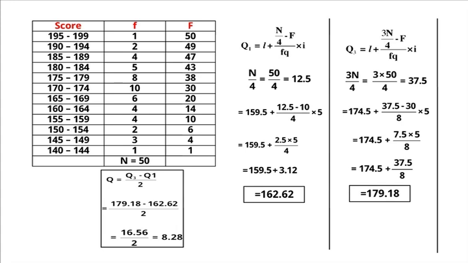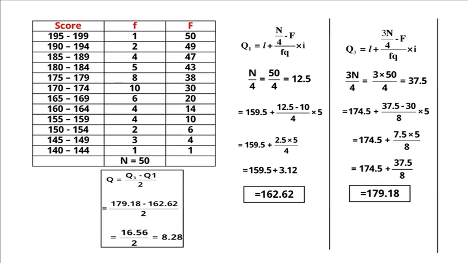Now, L, the lowest value in which n by 4 is coming. So, n by 4 you know is coming in 160 to 164, 160 is the lowest value, L will be the lower limit 159.5. I have already told you, if you have to find the lower limit, subtract 0.5, if you want the upper limit, add 0.5.